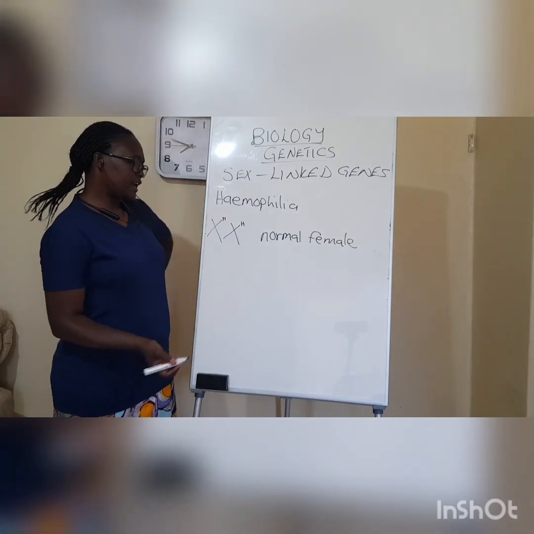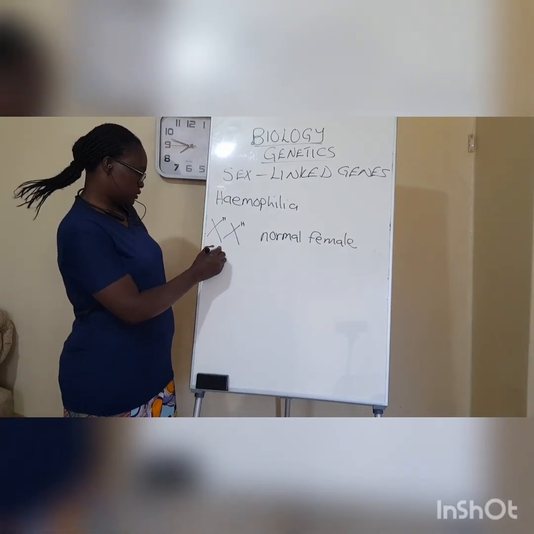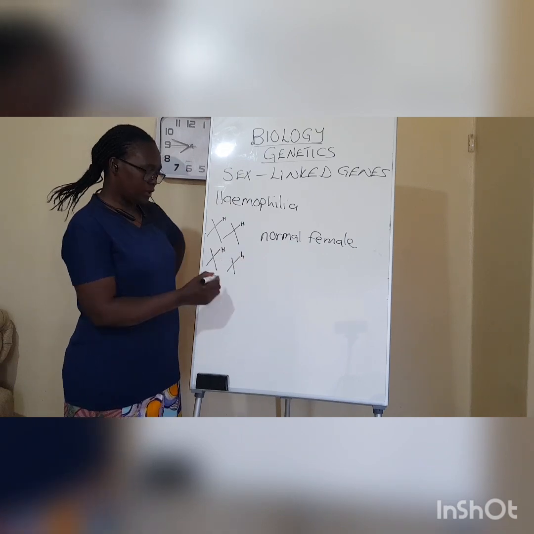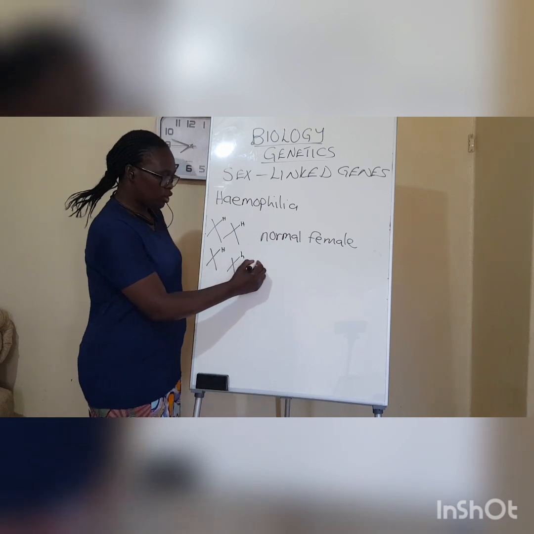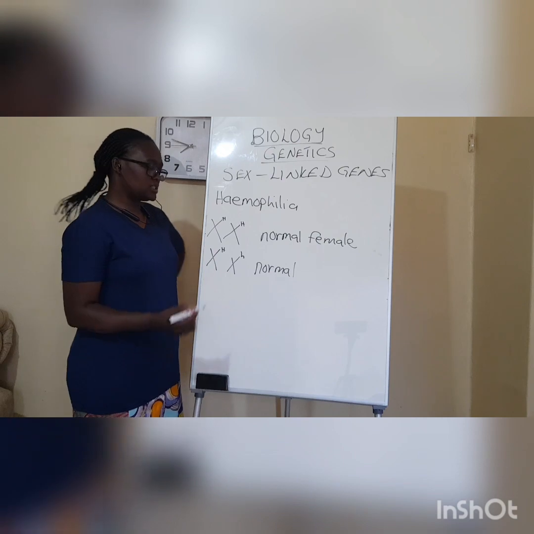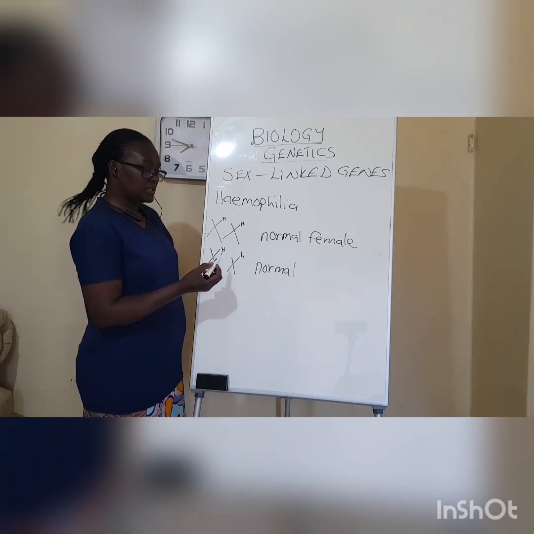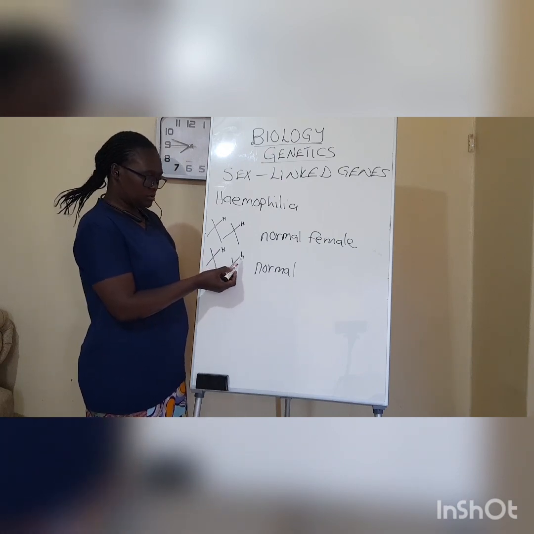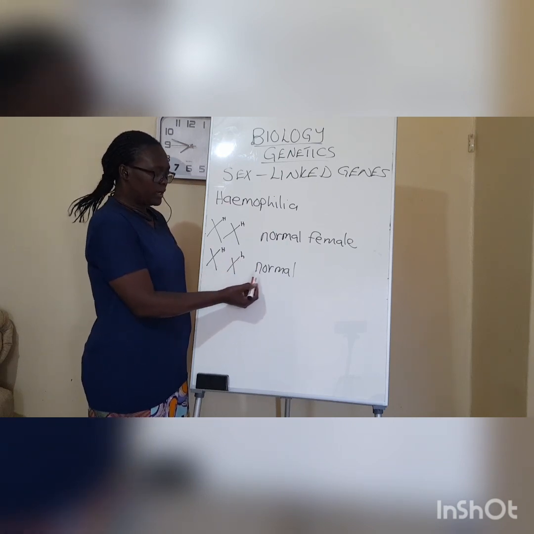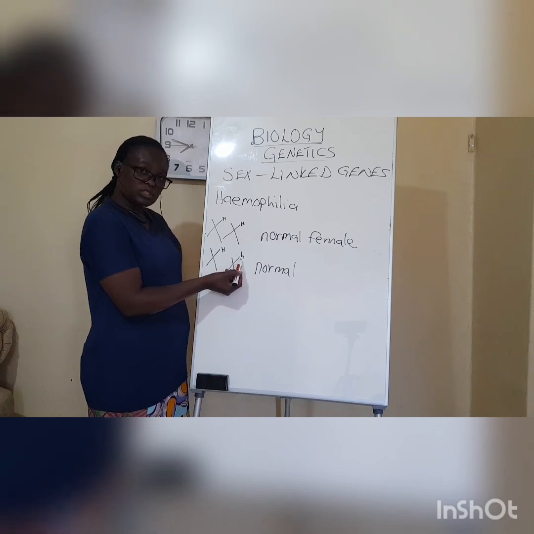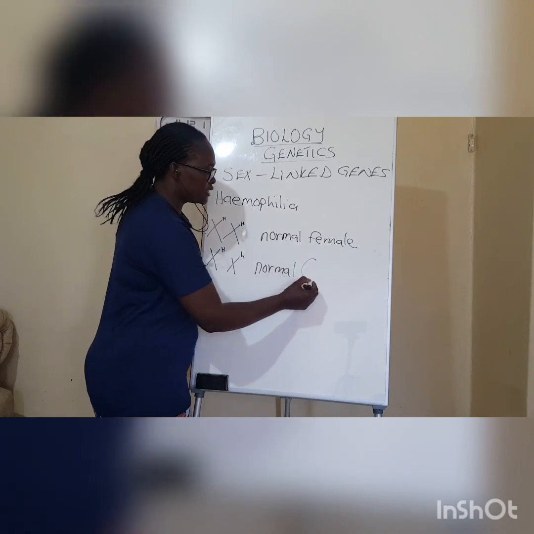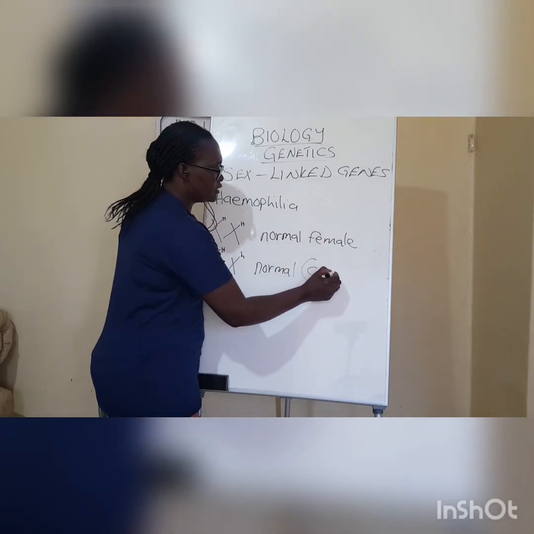Then if you find that a person has big H and small h, this one is also normal, but there is definitely a difference. Since hemophilia is a recessive disease, we learned about recessive with a small letter h. So this woman is normal but is a carrier because she contains this h on her X chromosome. So we'll write carrier in brackets.